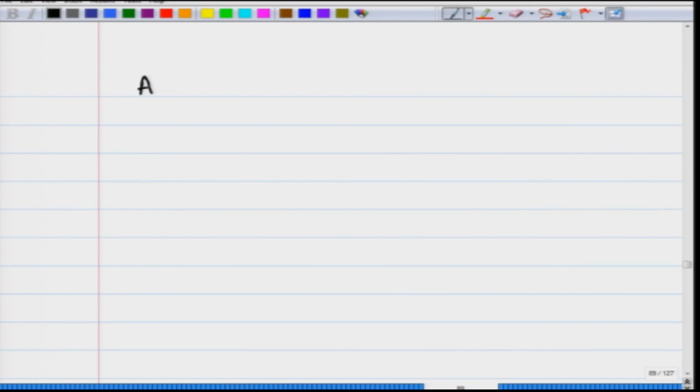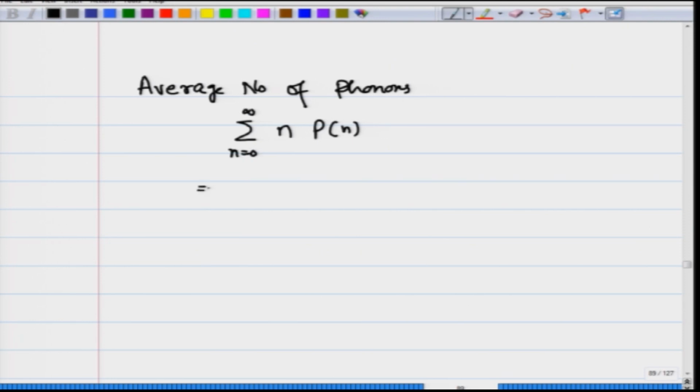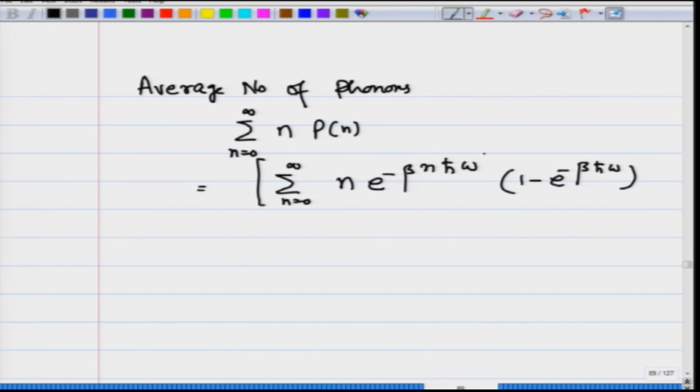So, the average number of phonons is going to be equal to the summation over n equals 0 to infinity of n P n, which comes out to be the summation over n equals 0 to infinity of n e raised to minus beta n h cross omega times 1 minus e raised to minus beta h cross omega. I can put this summation over n here because the other term is independent of n.